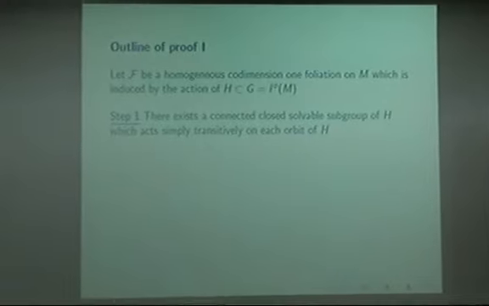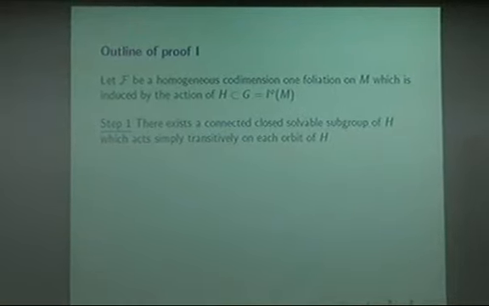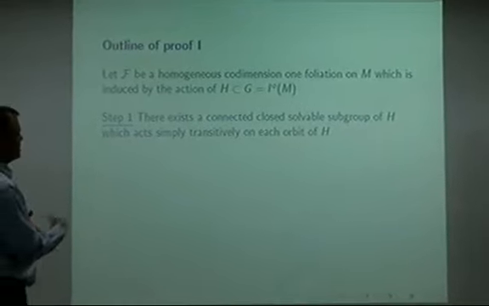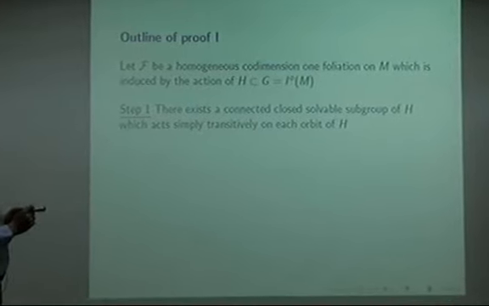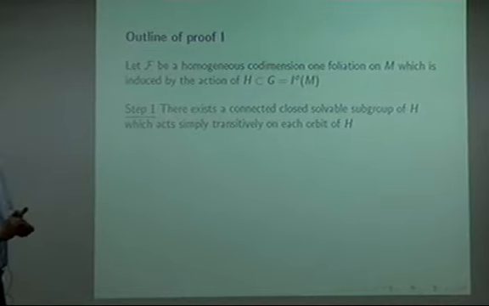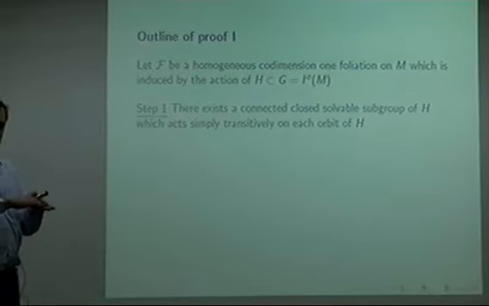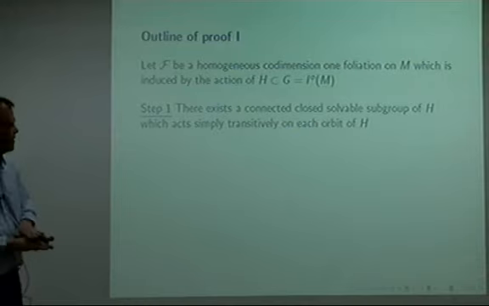Yeah, so there exists a connected closed solvable subgroup of H which acts transitively on one orbit. That's what we prove here, on the orbit containing the fixed point of the compact part. But then since it acts transitively on this orbit, it must, because we have a codimension 1 foliation, just because it preserves distances, it must act transitively on each other orbit as well. Yeah?